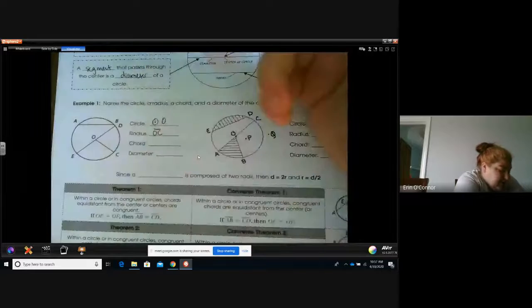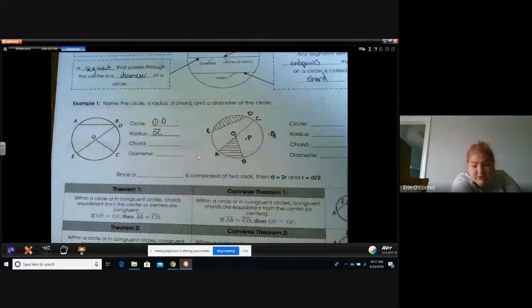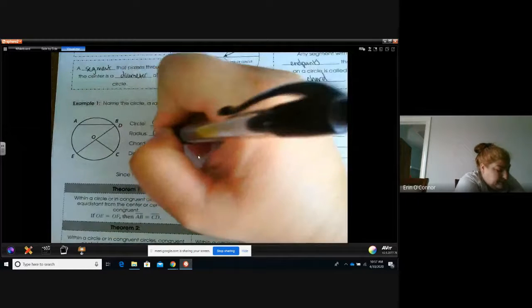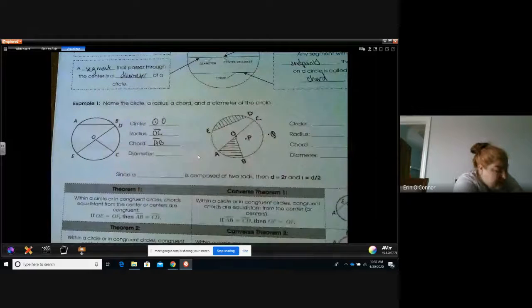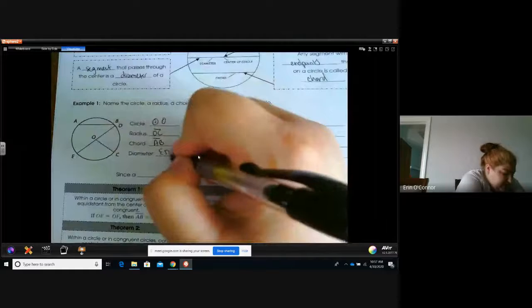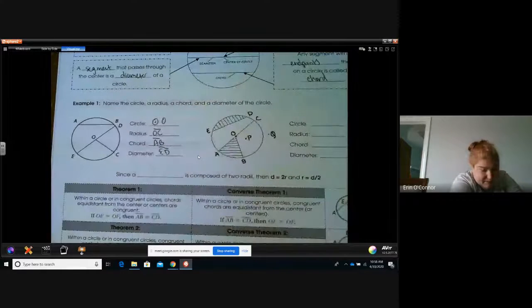You could have also named OD or OE because they all go from the center to the point on the circle. The chord is chord AB. And the diameter, there's only one diameter, is from E to D because it's from one end of the circle to the other going through the center.